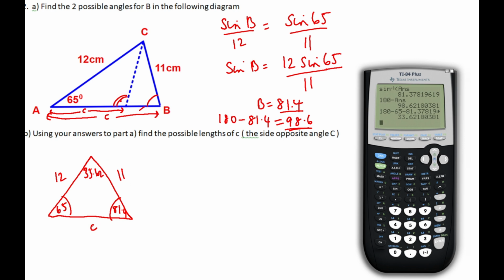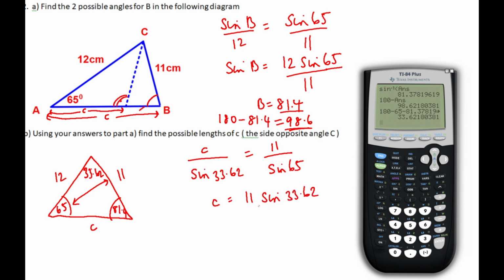So if I'm looking for C, let's use the sine rule. So C over sine of that angle. And we now have two pairs, but it's easier probably to use this one. It's nicer numbers. So this is going to be 11. And then we just rearrange that. So let's work that out.